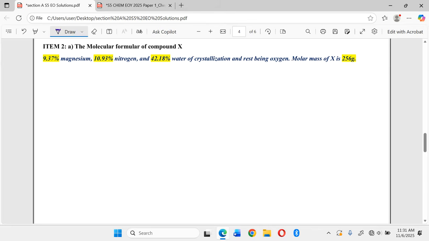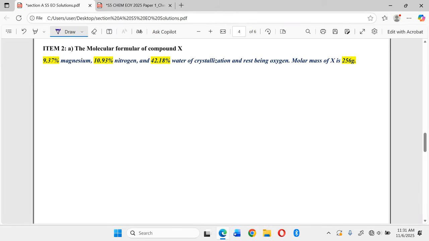So the item 2, part A, they are saying we calculate the molecular formula of compound X. Now this is the information that has been given to us. They have given us the percentage composition and they have also given us the molar mass.